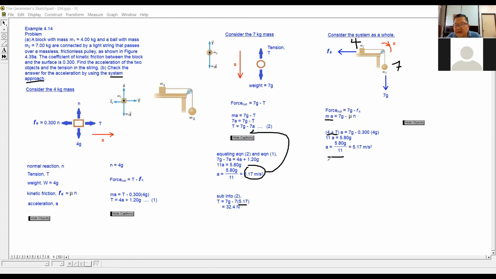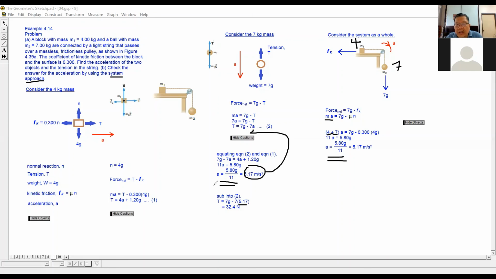You see here and over here, both of them have the same value for a. So if they ask us to check the answer for the acceleration using the system, the answer is correct. Both of them are the same.